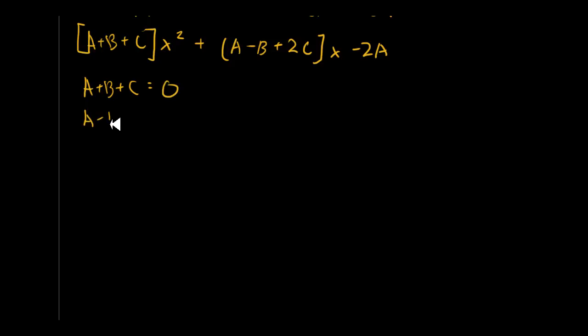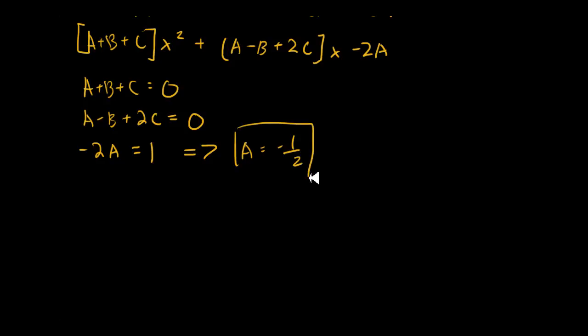A minus b plus 2c equals 0. Minus 2a, that will equal the constant, which is 1. And we can simplify that to a equals negative 1/2.